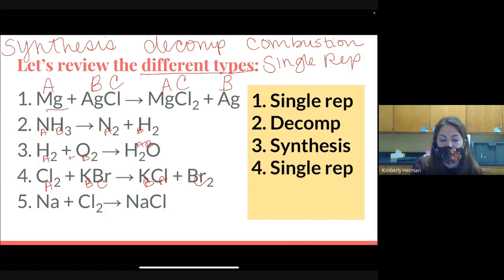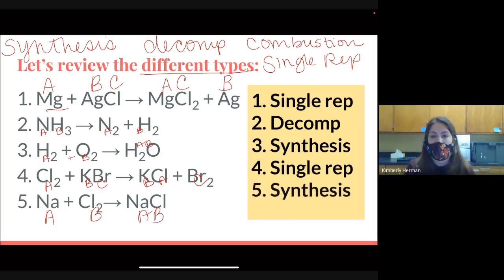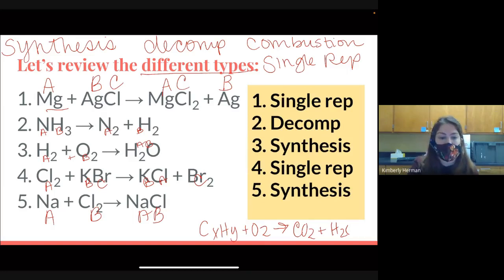And then our final example, Na is my A, Cl is my B, and then they came together just like number three for a synthesis. Now notice that there were no combustion reactions in this. If we did have one, it would be our hydrocarbon plus our fuel yields CO2 and water as its products. They can be interchangeable for what we have too.